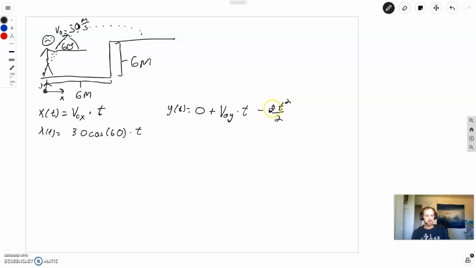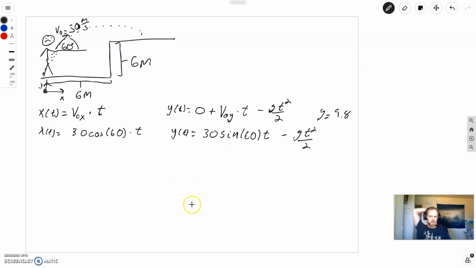Because gravity is an acceleration term, and it only acts in the y direction. So we don't have any acceleration in our x direction. So plugging in some numbers here, I will get 30 times the sine of 60 times time. And then you know g equals 9.8. So I'm just going to leave that as is.